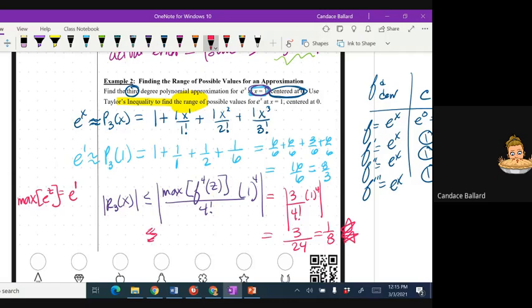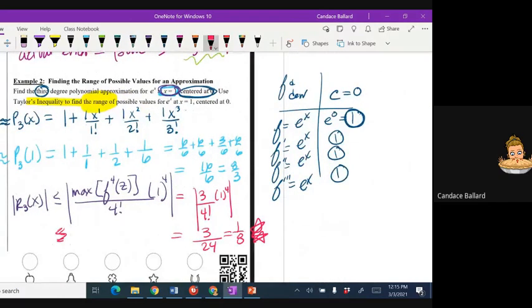Okay, and I'm literally within like 2 lines here, guys. But they asked me for this range. So to get the range, we're going to take these two values. I'm going to take what we calculated as our estimate and subtract the error. Remember what we were trying to find was e to the first. And I'm going to add the error.